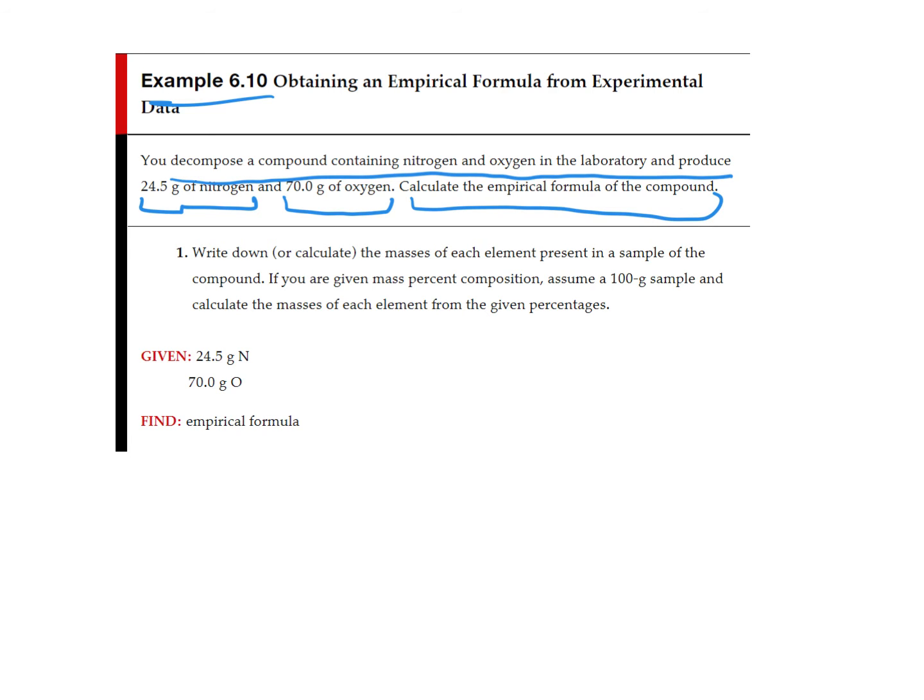In these questions, if you want to find the empirical formula, you should have the relationship between moles of the constituent elements. Remember, we don't deal with grams. We always talk in moles, because if I want to find the formula of the compound that has nitrogen and oxygen, whether it's NO2, NO3, or NO, these numbers are moles.